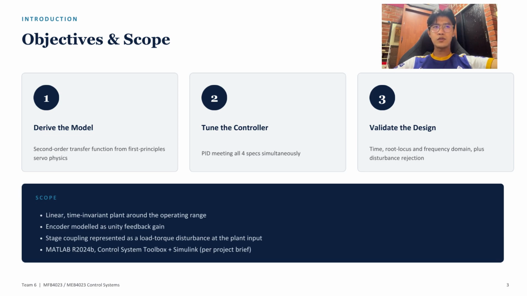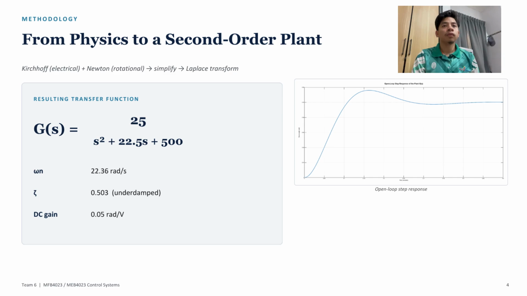The third one is to prove the design actually works in the time domain, on the root locus, in the frequency domain, and under a realistic disturbance. Everything you will see was done in MATLAB with Control System Toolbox and Simulink as required by the project brief. I will hand over to Amirul to walk through the actual modeling.